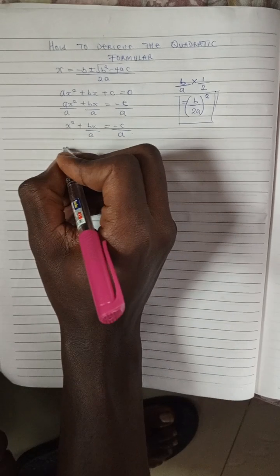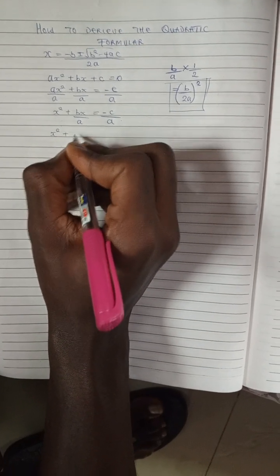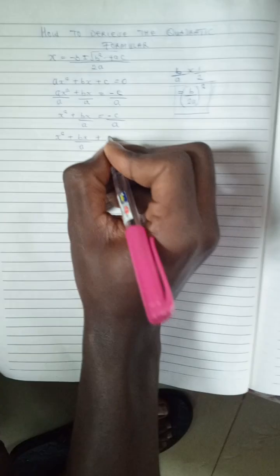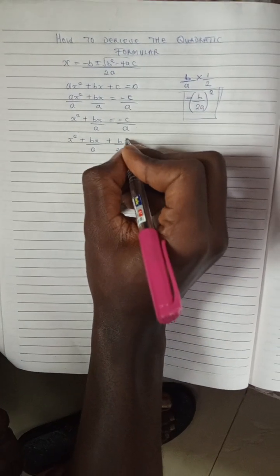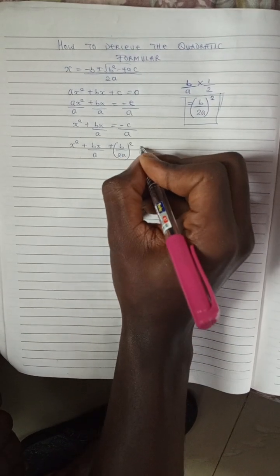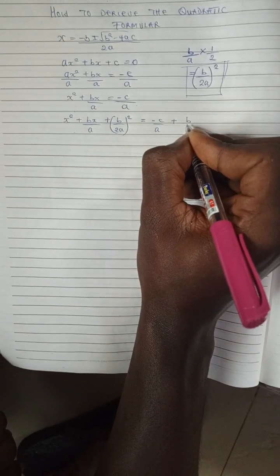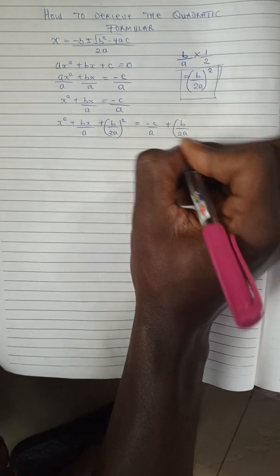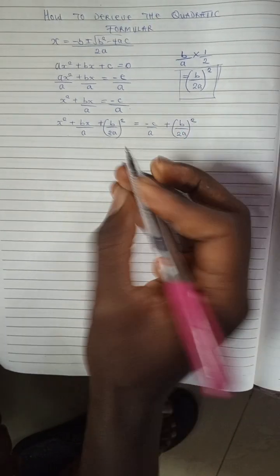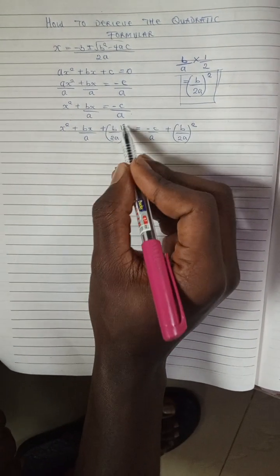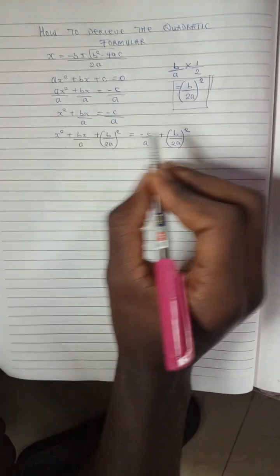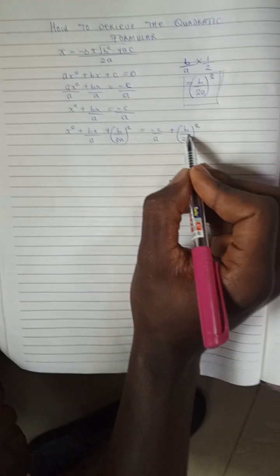So we have x squared plus bx over a plus b over 2a, everything raised to power 2, giving us minus c over a plus b over 2a, everything raised to power 2. So we have added b over 2a squared to both sides.